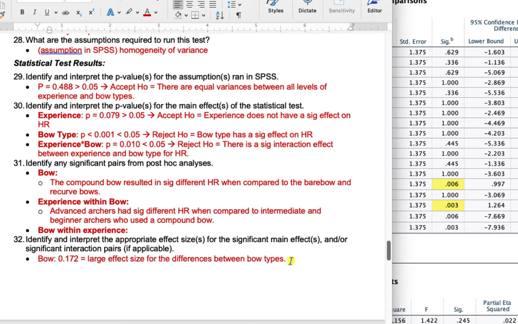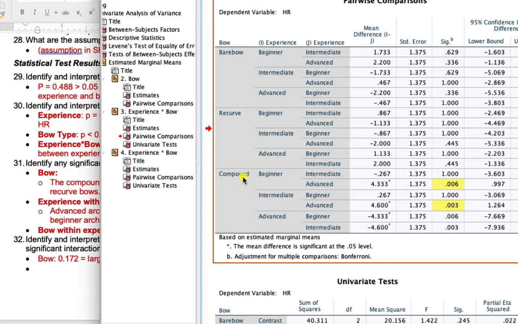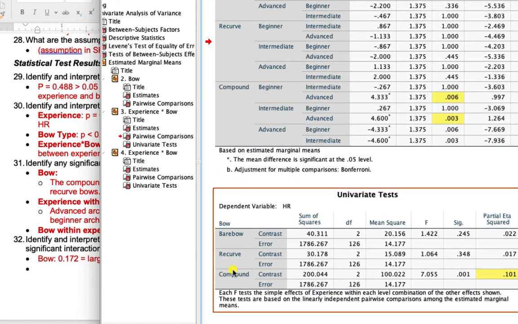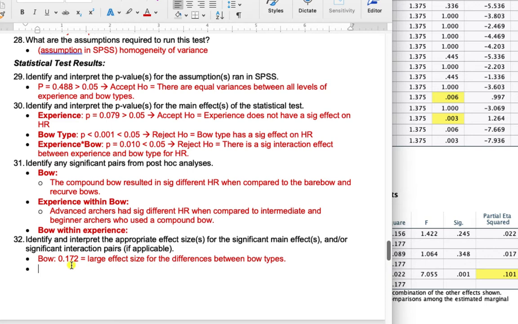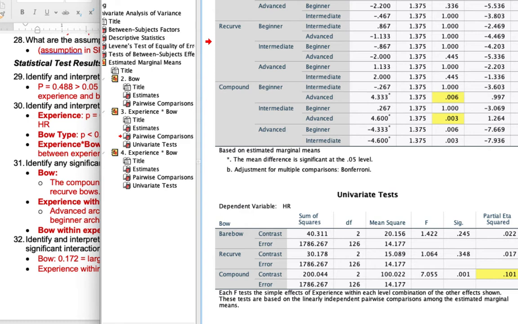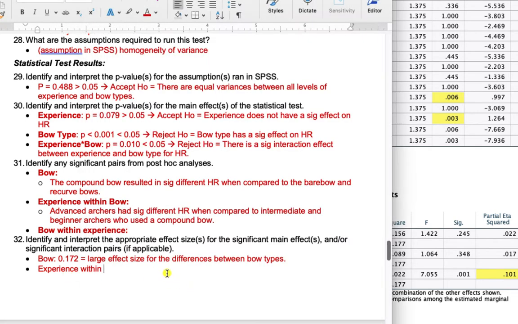Okay, we would need to report the effect size for our compound group. So that would be 0.101. And this is looking at differences between experience levels within bows. I thought I was losing my mind for a second. Okay.